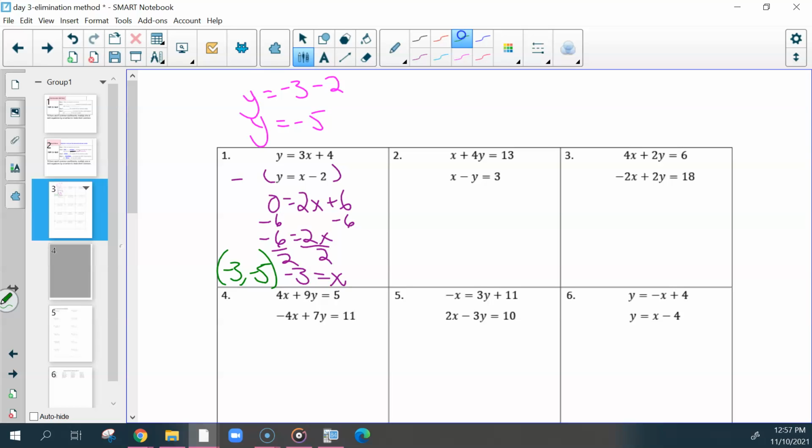As long as they line up, that's all that matters. So here I see that my x's line up, my y's line up, my constants line up. So I can then look and see which of these have a common coefficient, x or y. X. So since x has the common coefficient, that's what we're going to get rid of. Again, these are both positive coefficients, so we're going to subtract one from the other.